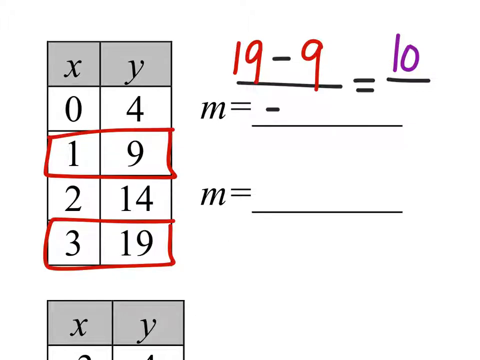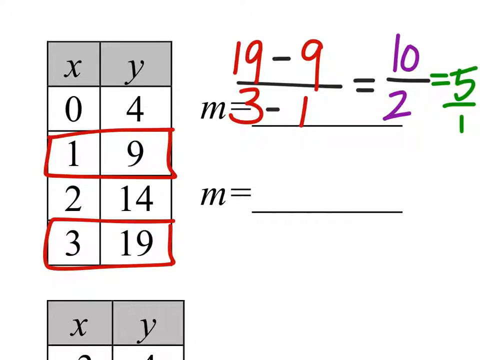What about the corresponding x values? We started with an x value of 3 going to an x value of 1. 3 minus 1 is 2. 10 divided by 2 is 5. And if you wanted to make that 5 over 1, that's okay, because it does show the rise and run this way.